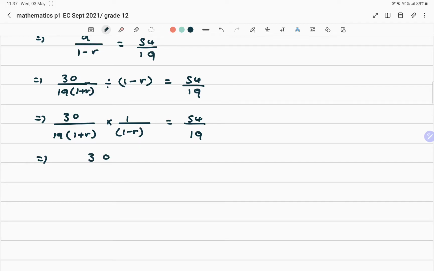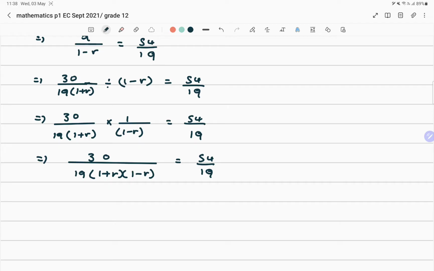So this is going to be 30 over 19 into 1 plus r into 1 minus r equals 54 over 19. So at this point, it helps to cross multiply, to always deal with problems effectively. Now you've got two options here.